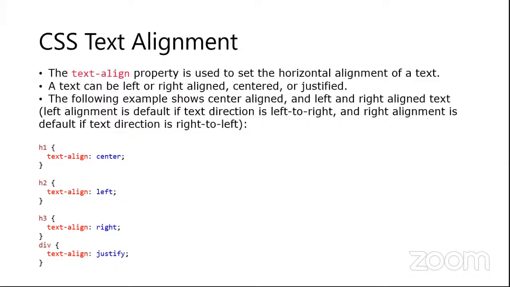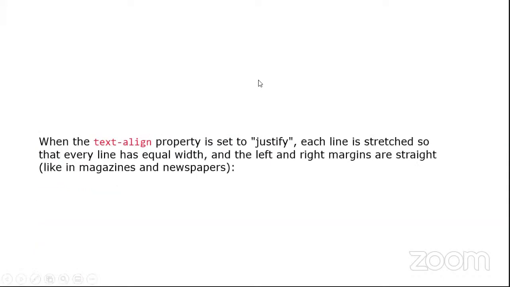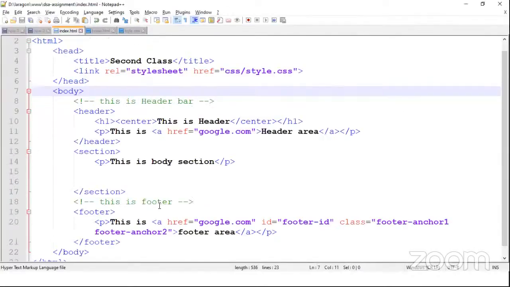The following example shows center, left, and right aligned text. When the text-align property is set to justify, each line is stretched so that every line has equal width, and the left and right margins are straight, like in a magazine or newspaper. We will see in the example how to do it.